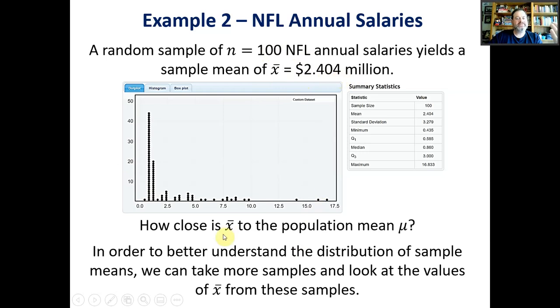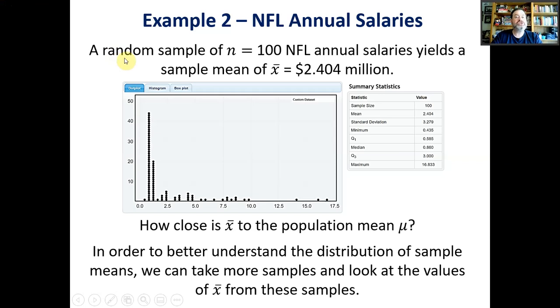But this one sample doesn't really tell us a lot about the population mean. In other words, do we think the population mean is close to this number? We don't know. Do we think that this sample represents the population? Well, it is a random sample, as you can see.